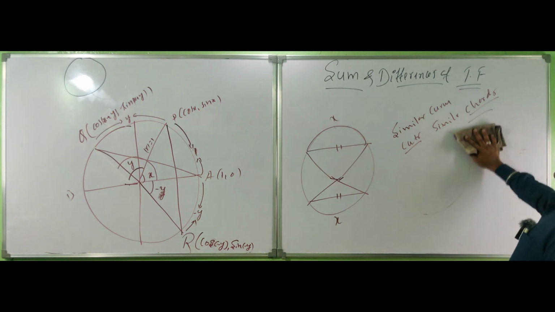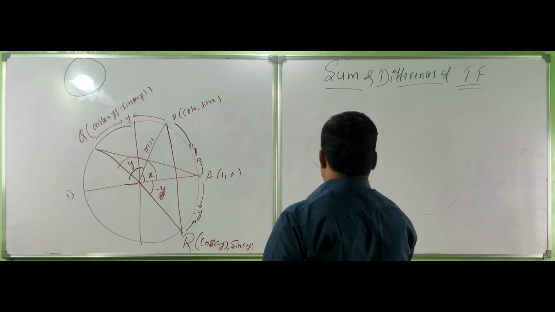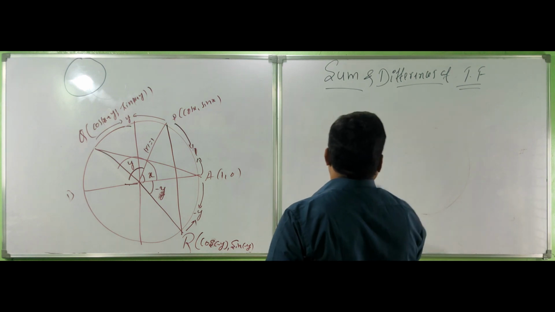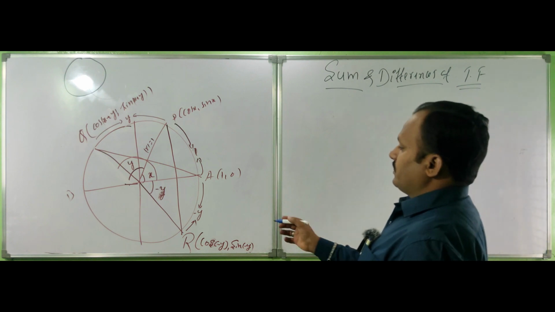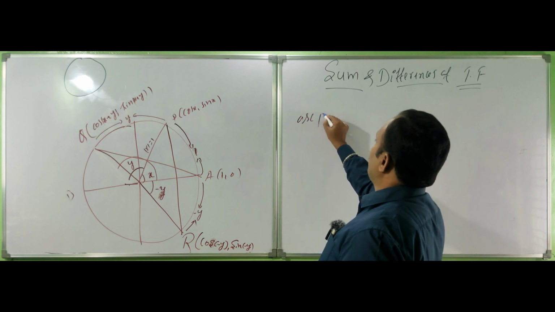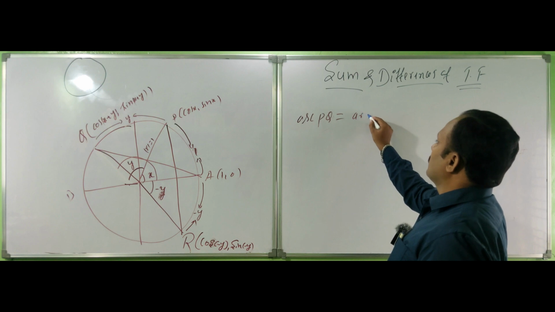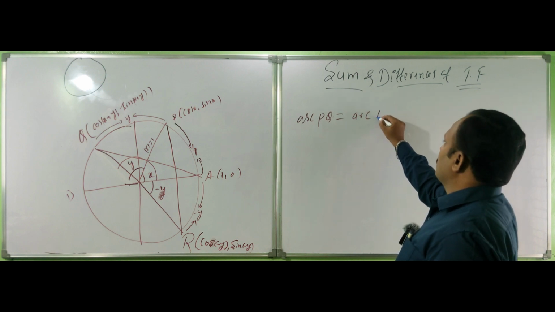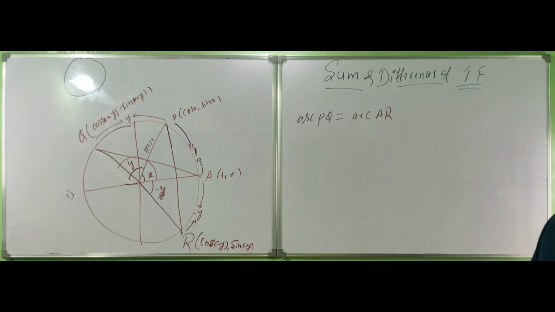Here, in that derivation, our equation is arc PQ is equal to arc AR. I am taking arc length.